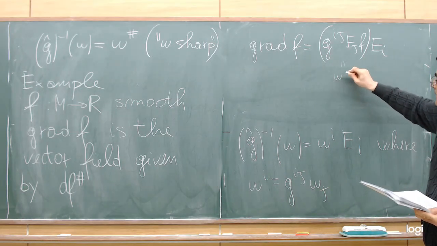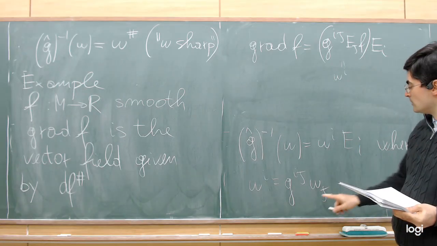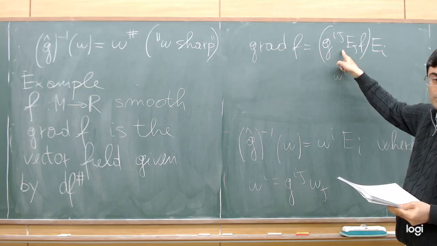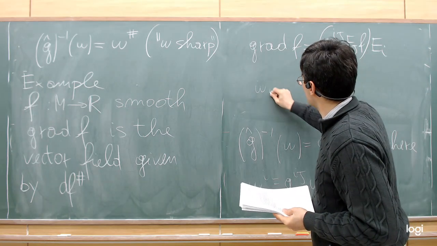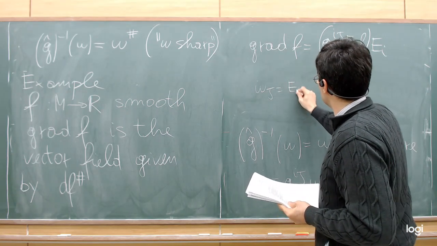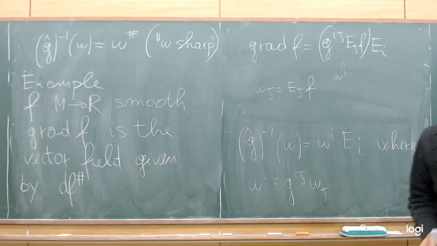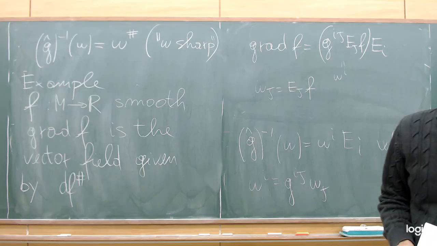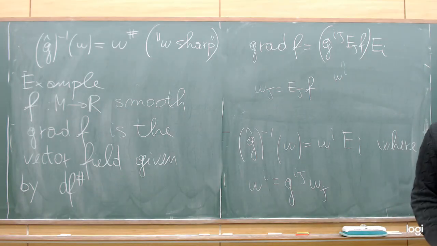This is omega^i, and I use this formula to get this one. Why? Because omega_j is E_j f. It's a good point to stop. Thank you for your attention.